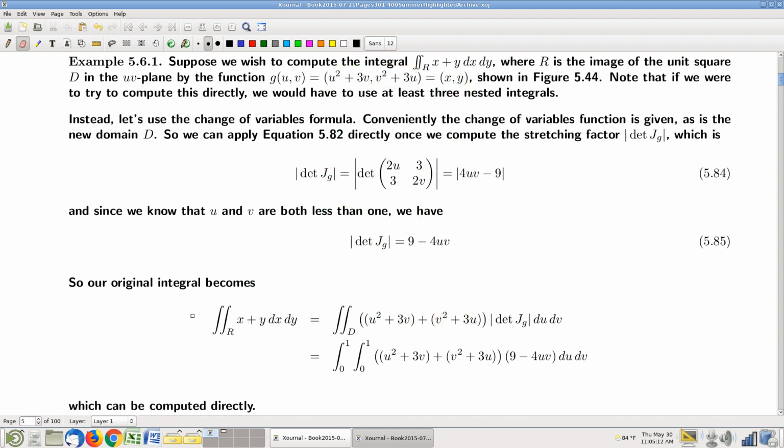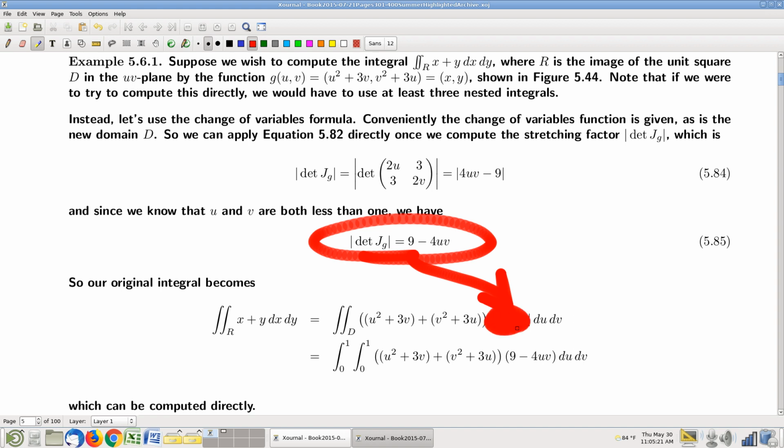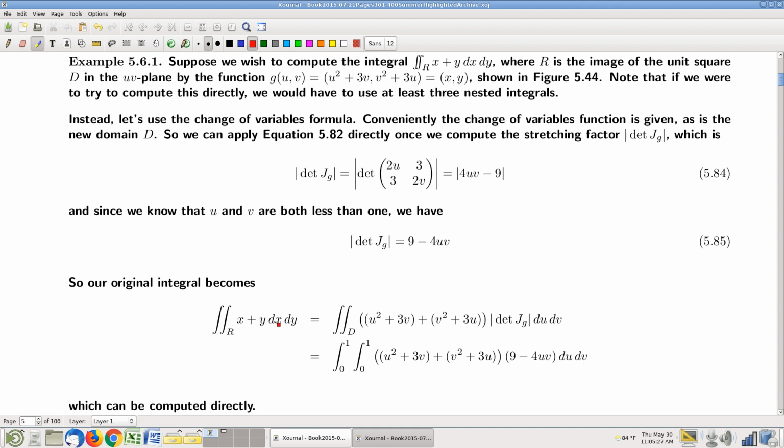Having done that plug in, don't forget to stick in your stretching factor. This again is the cost that we pay for the luxury of being able to change our domain. There's our stretching factor. That allows us to turn a dx dy integral on our highly undesirable R domain into a du dv integral on our much more desirable D domain.